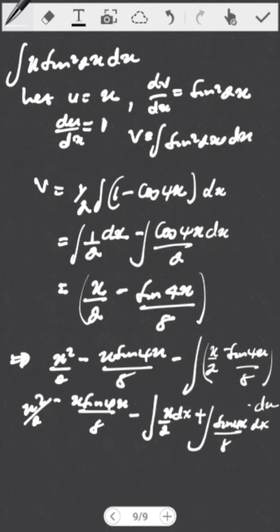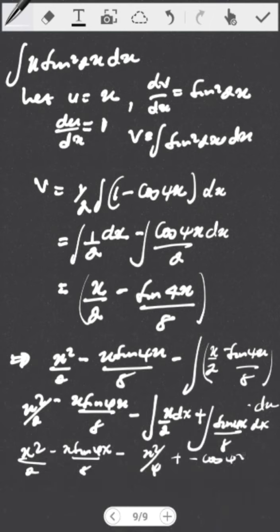Having got that, this is x squared over 2 minus x sine 4x over 8 minus x squared over 4 plus negative cos of 4x over 32, plus an arbitrary constant. You find that it comes out very well.